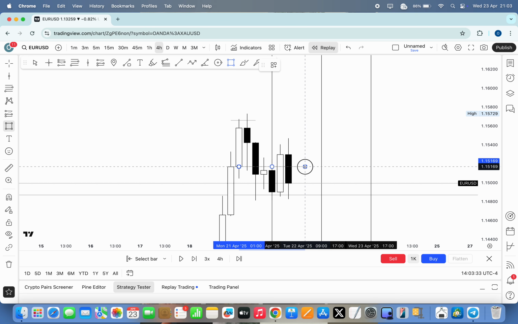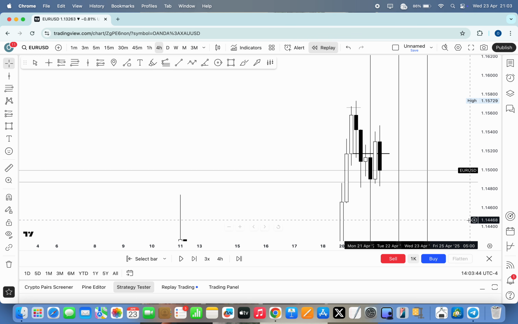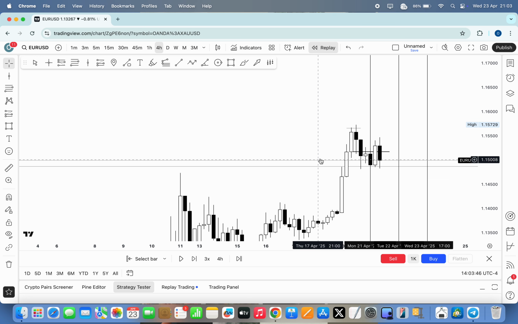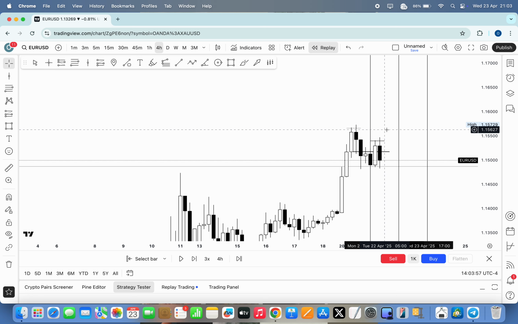So before we continue, guys, the high was taken. We have an order block over here. The order block was retested during London session, because it opened with the Asian session and retested the order block.